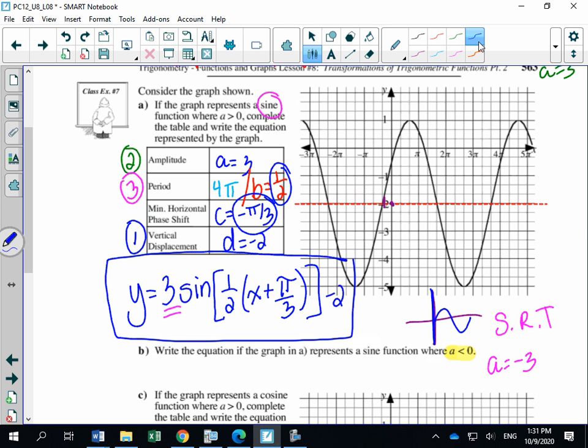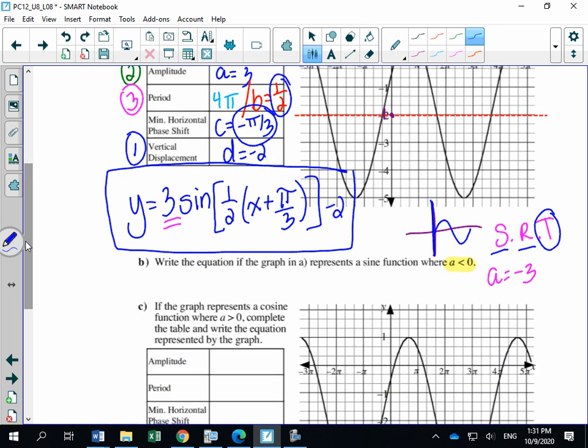So it's going to undergo a stretch, it's going to undergo a reflection, and then I'm actually going to have a brand new translation. So what we have to figure out is our translation. Our new equation is going to be y is equal to, the 3 trades with negative 3, sine. None of this is going to change so far. My C value will change, and my D value will not.